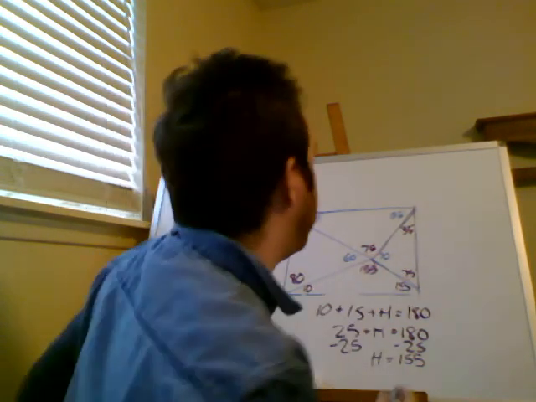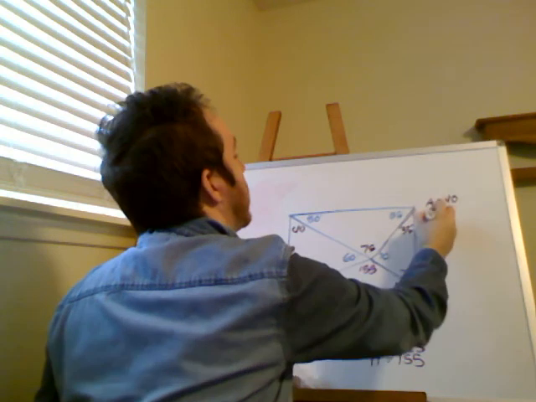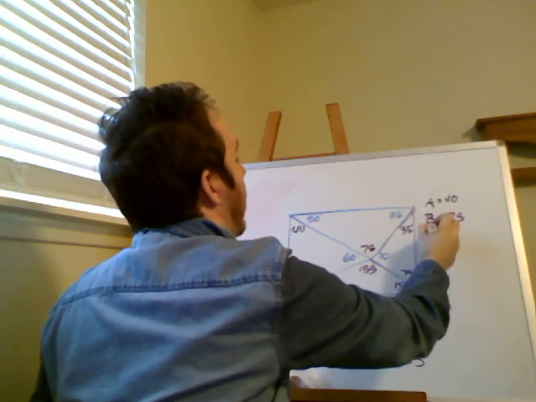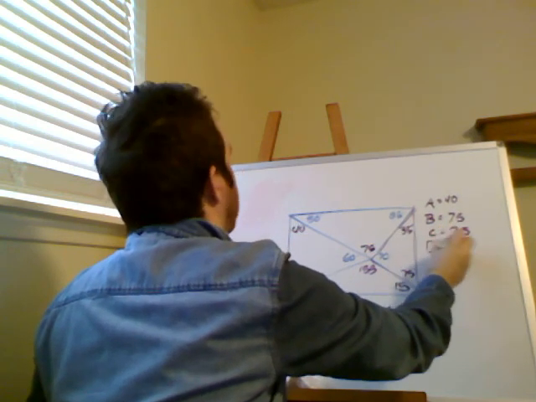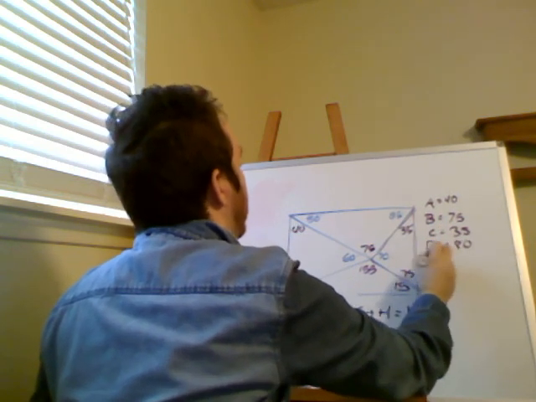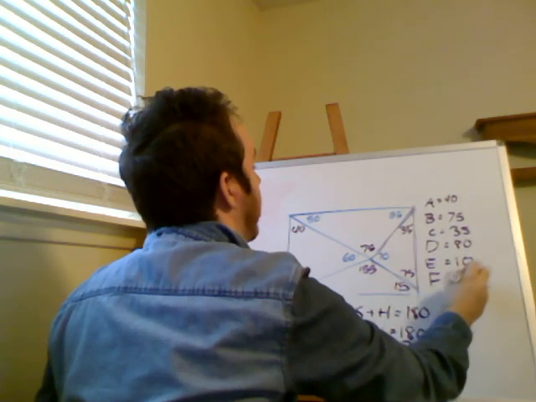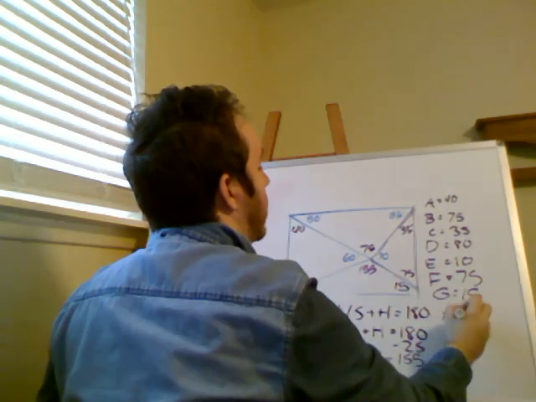So to recap, we have a equals 40. This is what you're writing into the one blank. A equals 40, B equals 75, C equals 35, D equals 80, E equals 10, F equals 75, G equals 15, and H equals 155.